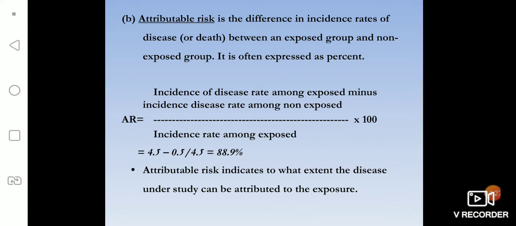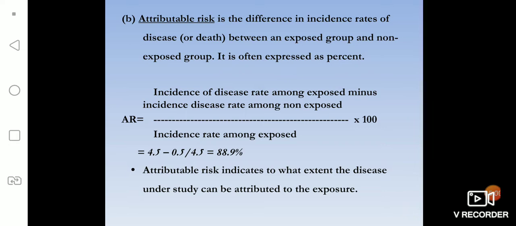Now coming to the attributable risk. What is attributable risk? It is the difference in incidence rate of disease between an exposed group and a non-exposed group. It is often expressed as a percentage. Formula-wise, it is the incidence rate of disease among exposed minus the incidence rate among non-exposed, divided by the incidence rate among exposed, multiplied by 100.